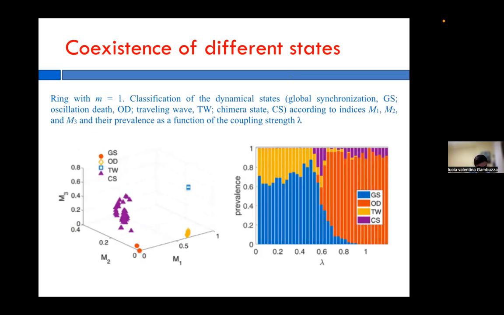Again, also in this case, we have monitored the occurrence of these states by changing the initial condition, and we have found, for example, that for a given value of the coupling coefficient, we were able to identify the global synchronization state, which is in blue, with an occurrence equal to 0.4, then the oscillation death, which is represented by the orange part, then the traveling wave, and then the chimera state, which is the spatiotemporal pattern in which we have two different domains.